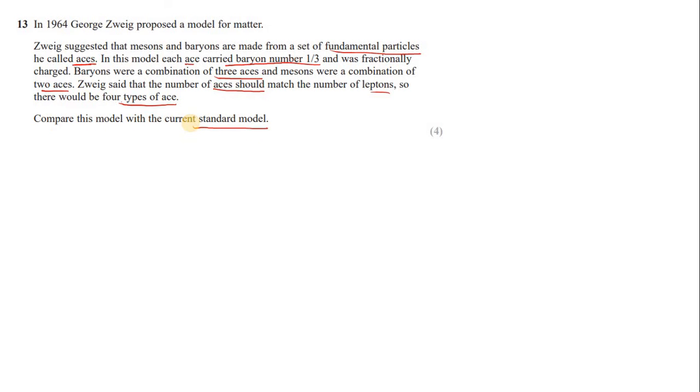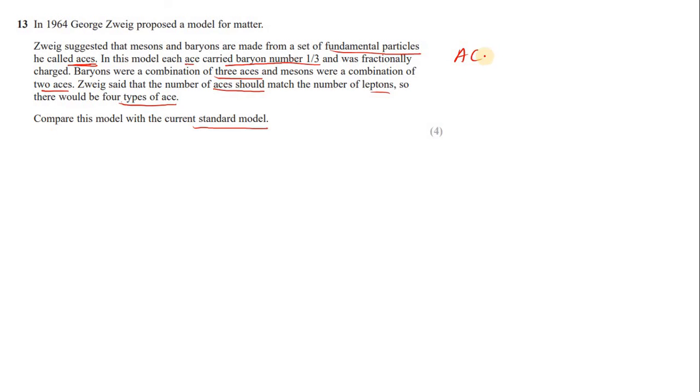So basically you need to see what he said and what we now know as per the standard model. In the Zweig model he considered aces as fundamental particles. In the standard model, quarks are fundamental. So basically you need to compare the aces and the quarks.